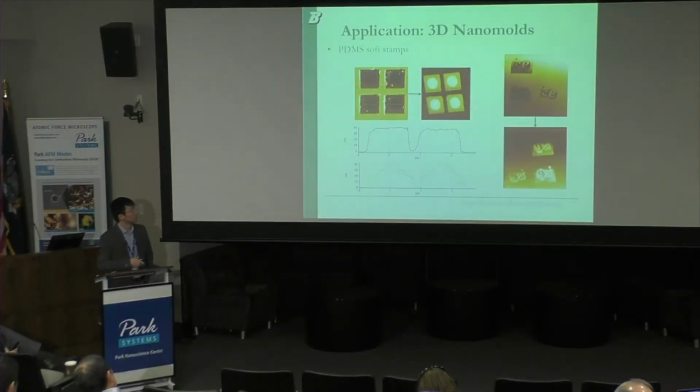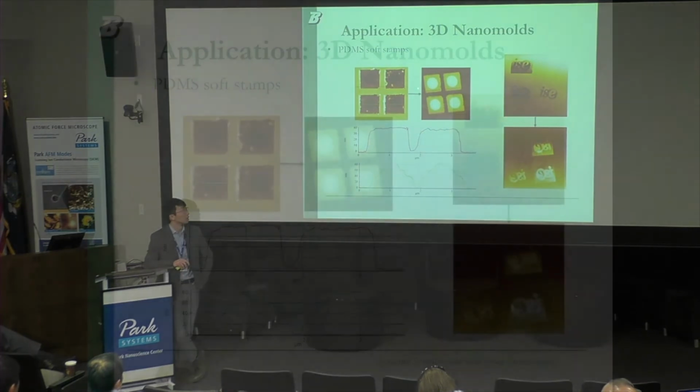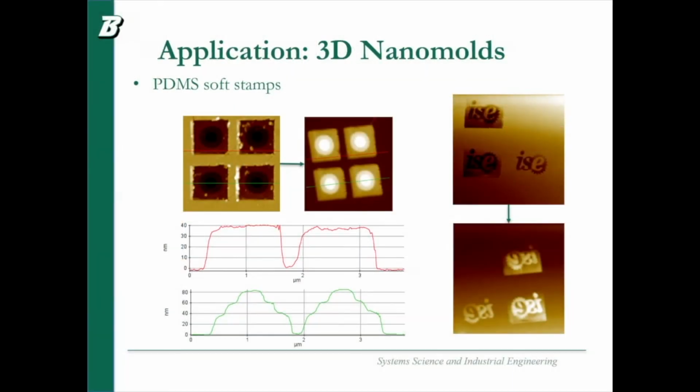So this is the result. After we get the 3D nanomolds, we can use PDMS to do the reverse casting, and you can see it pretty much maintains all those shapes.